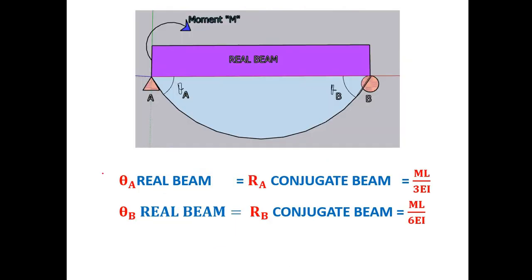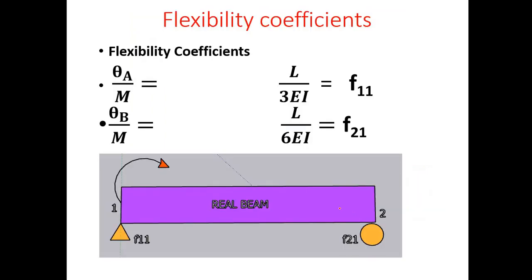Then proceeding further, previously you saw the conjugate beam, and this is the real beam. So theta A of the real beam is equal to RA of the conjugate beam, equal to ML by 3EI, and theta B of the real beam is equal to RB of the conjugate beam, equal to ML by 6EI. RA and RB are nothing but the total shear at the points A and B. Now how to find the flexibility coefficients?